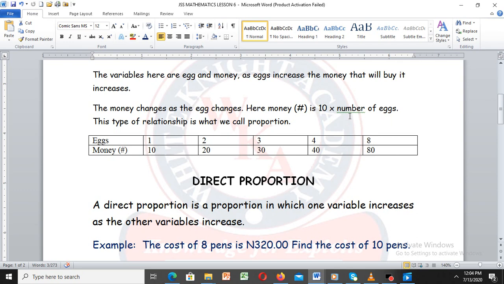So, 10 is the multiple. You understand? This type of relationship is what we call proportion. So 1 egg is 10 naira, 2 eggs is 20 naira, 3 eggs 30 naira, 4 eggs 40 naira, 8 eggs is 80 naira.